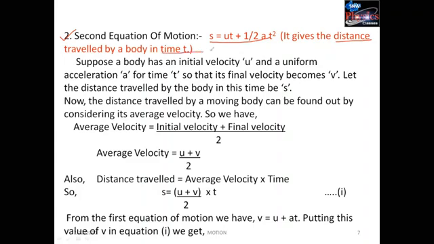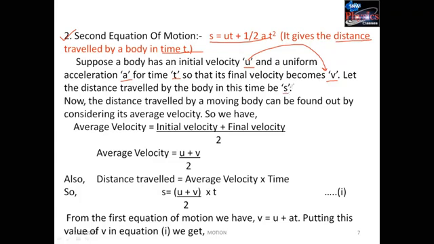So let us suppose a body whose initial velocity is u and it is uniformly accelerated with acceleration a, and to reach the final velocity v, it takes time t. The body took time t and its velocity changed from u to v. Now let us consider the distance traveled by this body is s.